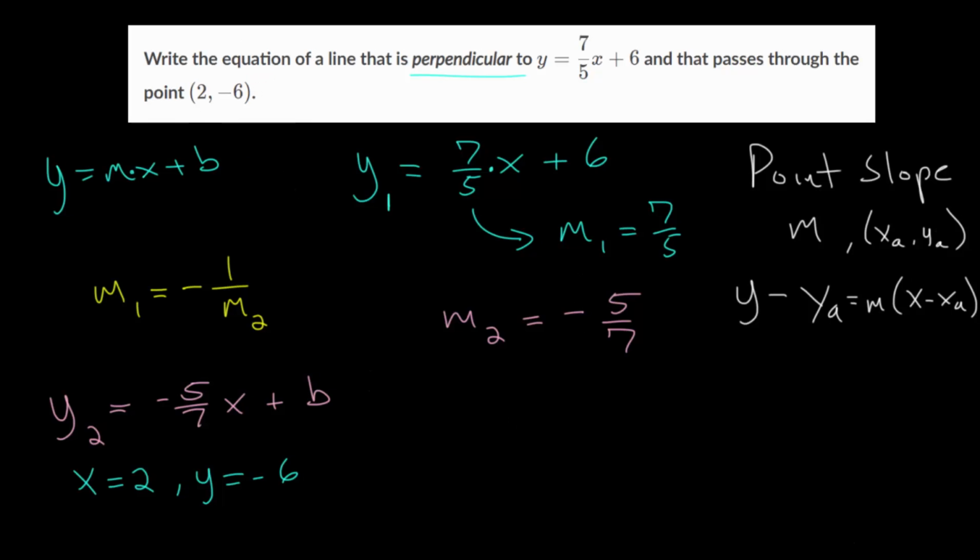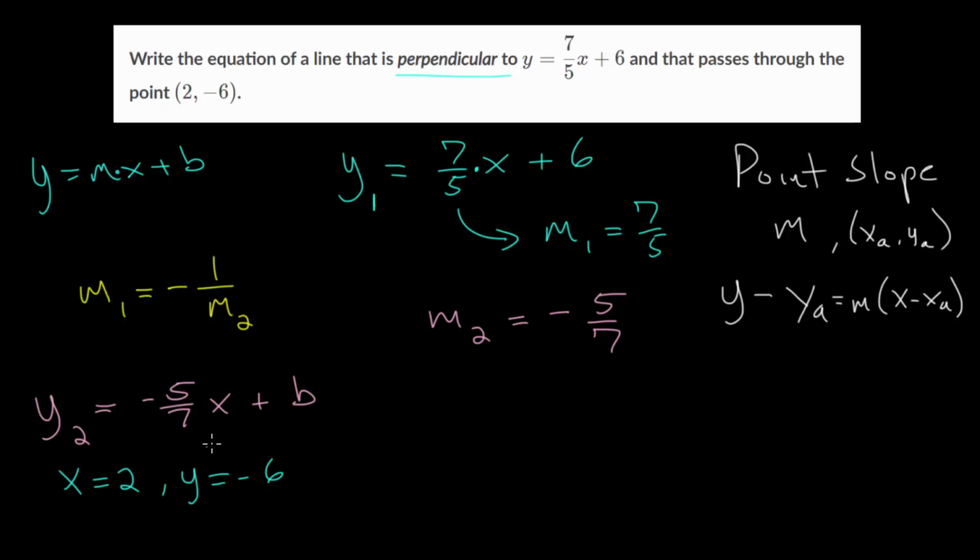So let's use point-slope form. But like I mentioned, the other approach is perfectly valid. Just plug in x and y and then solve for b and then rewrite this equation with your knowledge of what b is equal to. So we're going to plug in for our known x and y values and our known slope.